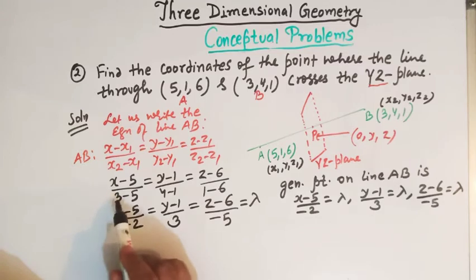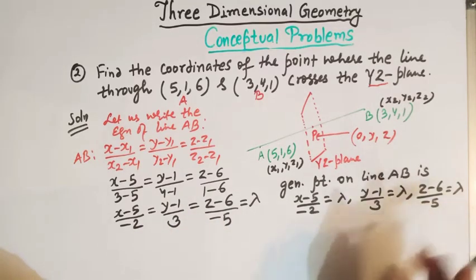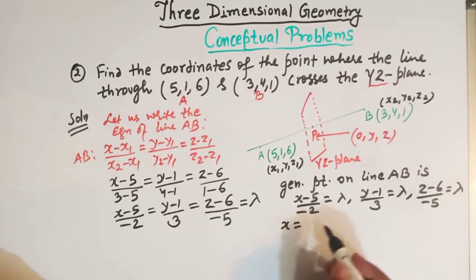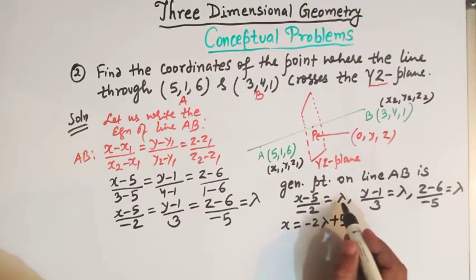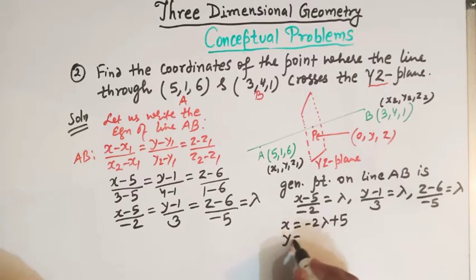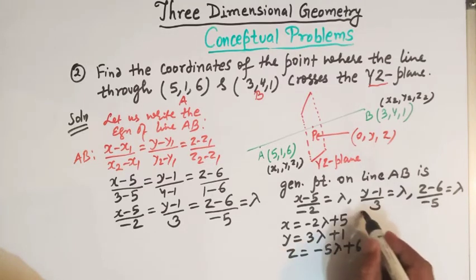So here the direction ratios of the line are minus 2, 3 and minus 5. Now here we can find x equal to minus 2 lambda plus 5, and y is 3 lambda plus 1, and z is minus 5 lambda plus 6, right?